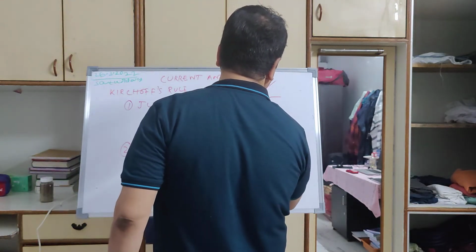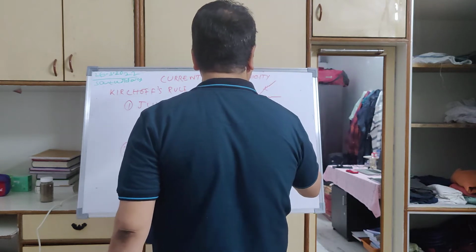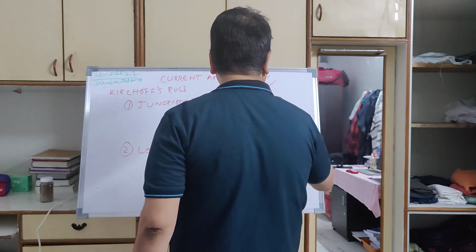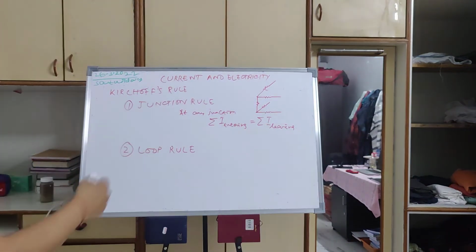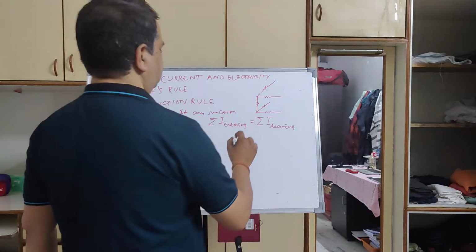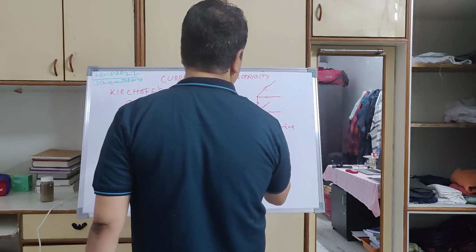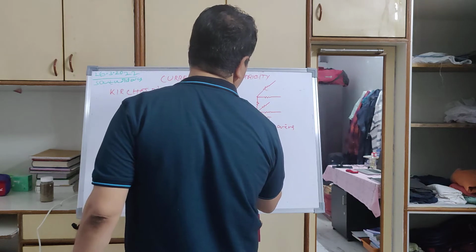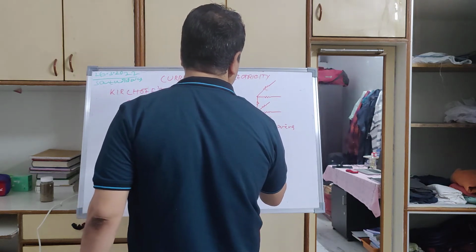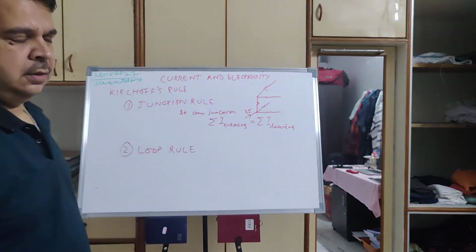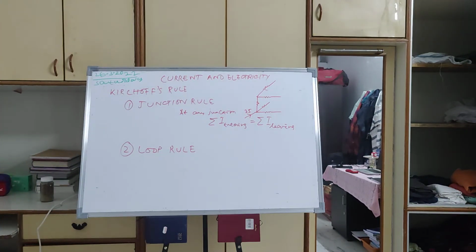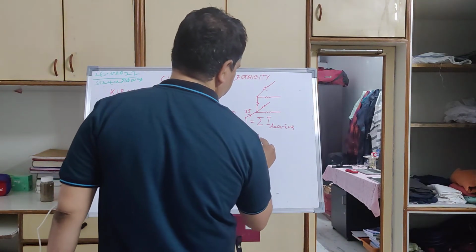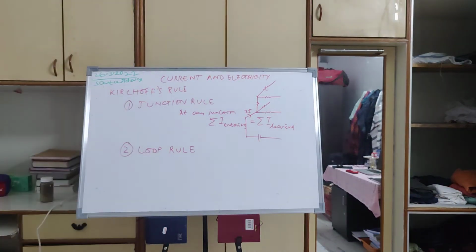Let us say this is a cube. This is another arm of the cube. Let us say in this cube some current, 3I, is entering. Why have I put 3I? Because it is a cube and it has three sides. So let us say it has some potential difference and a current of 3I is flowing.